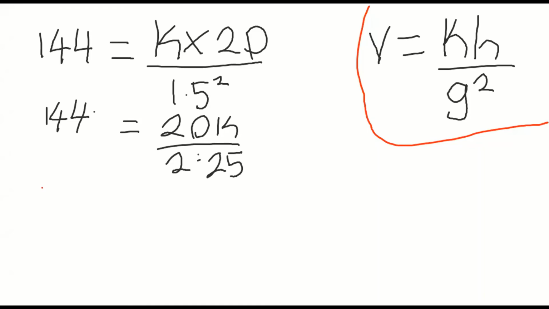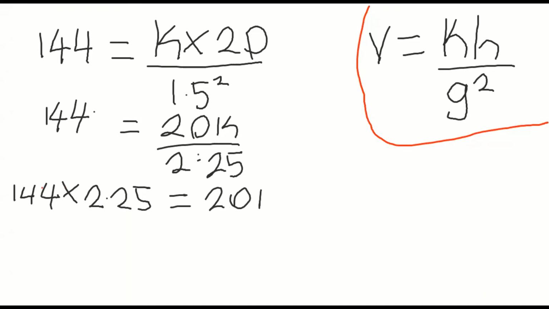So you cross multiply: 144 times 2.25 is equal to 20K. 144 times 2.25 gives you 324.